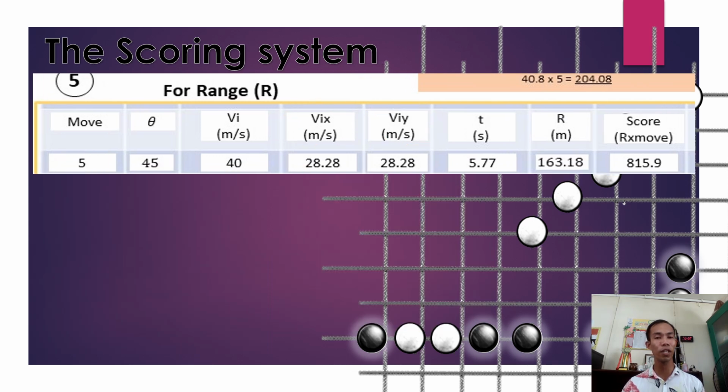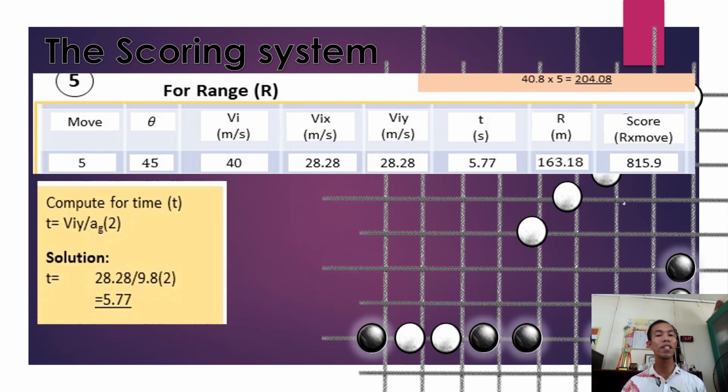Then you can now compute for the time. To compute for the time, V sub Iy divided by acceleration due to gravity times 2. So T is equal to your V sub Iy, 28.8, divided by acceleration due to gravity, a constant, 9.8, times 2.